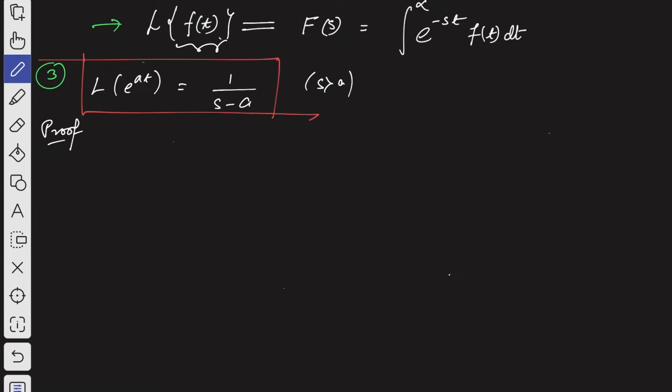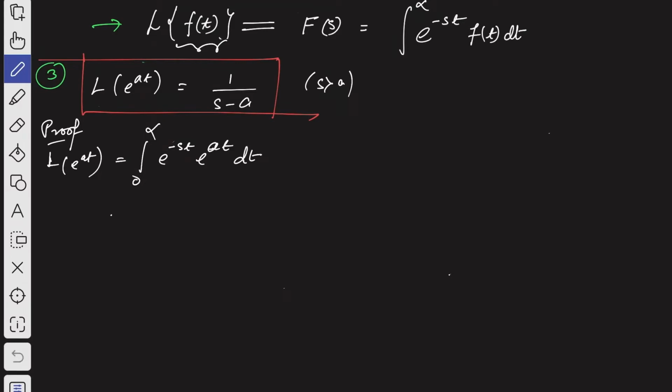Now by definition, Laplace transformation of e to the power at is equal to integration 0 to infinity e to the power minus st, and here function of t is e to the power at dt, right?